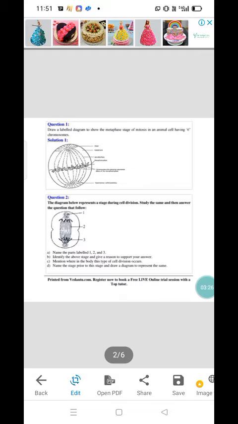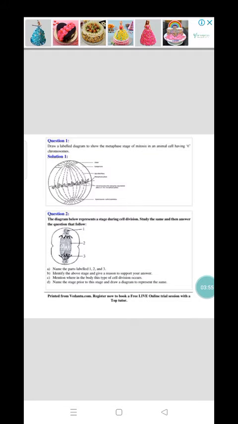Because, no, anaphase. Why? Because in anaphase the chromosomes are drawn apart towards the opposite poles, okay, and the spindle fibers start forming, right? So here the reason you will write is that this is an anaphase, and here the chromatids or the chromosomes are drawn apart towards the poles.